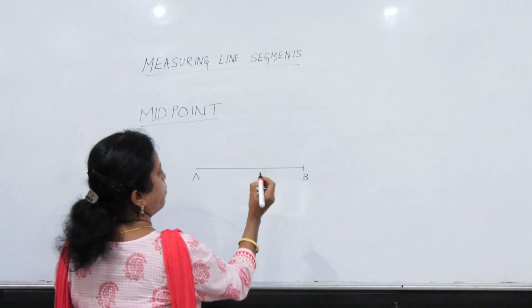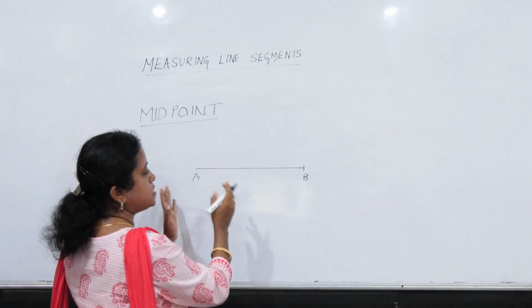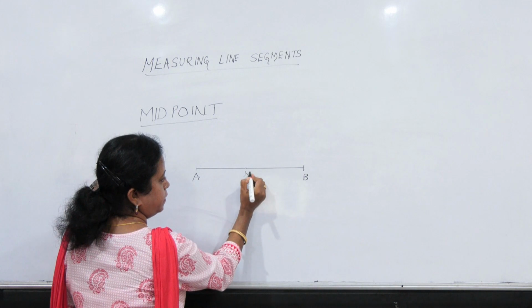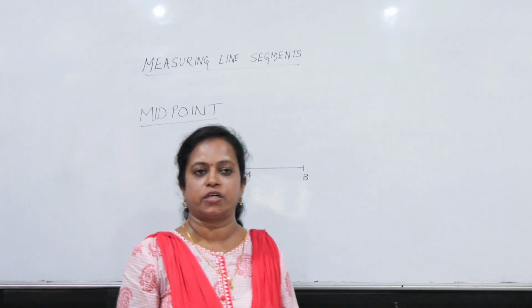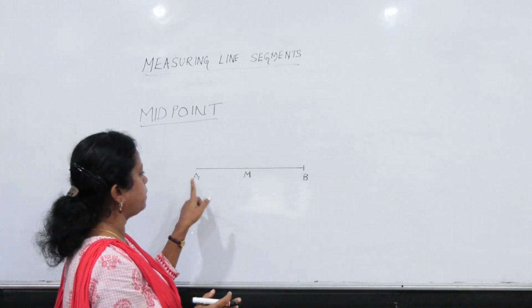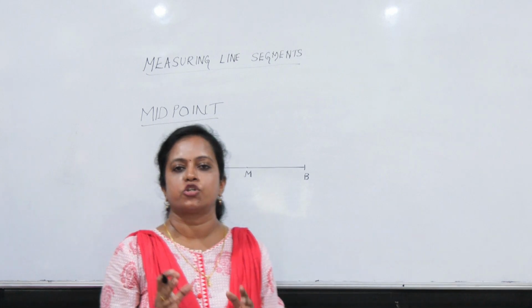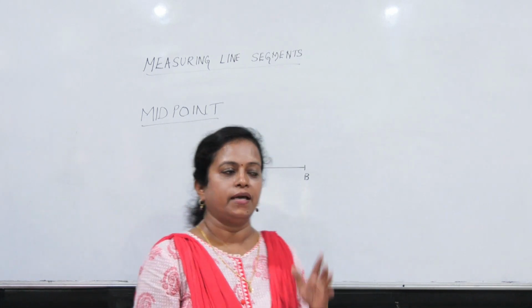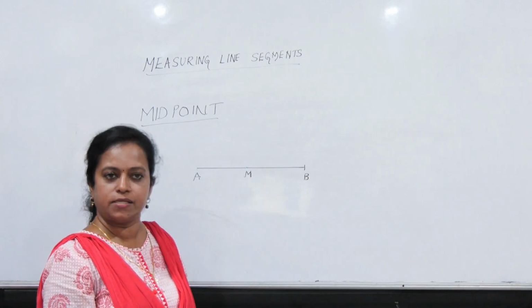Like if you have a point which is somewhere here, I will name this point as M, and this point when measured from both the endpoints, means from A or from B, this distance should be exactly the same. Then M will be called the midpoint of the line segment AB.